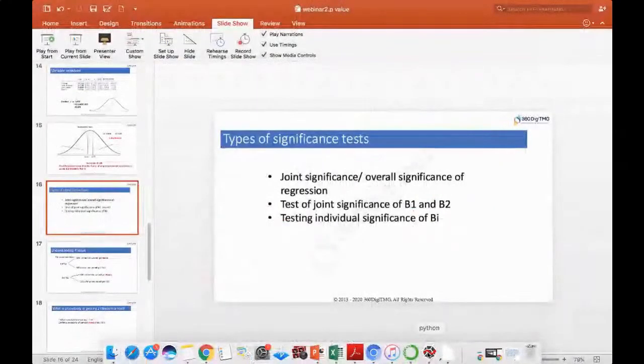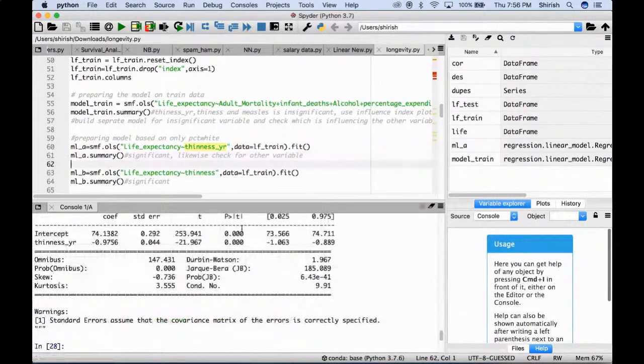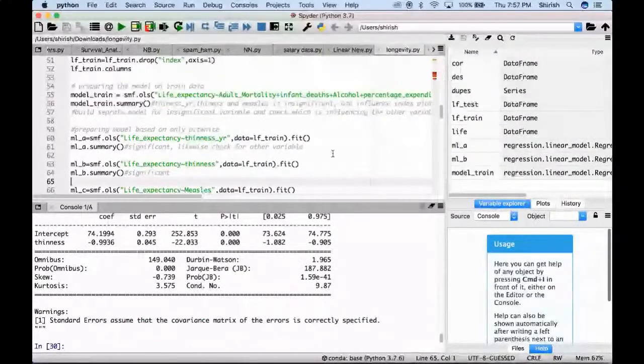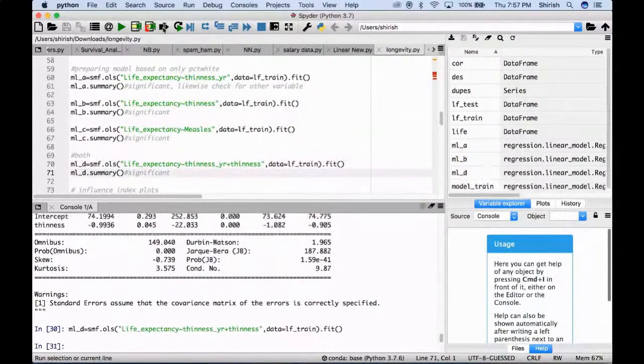Let us do it. See here, whichever variables I feel may not be important, I test individually and look at the summary. Individually they give different p-values and different coefficients. But if I do both combinedly, adding two variables like thinness, I can check the significance this way.